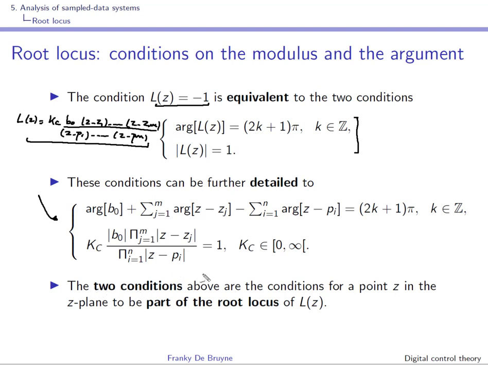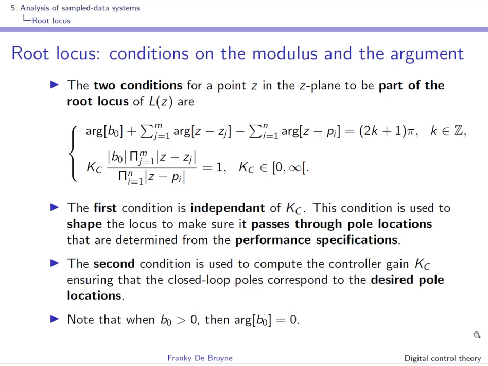These two conditions are the conditions for a point Z in the Z plane to be part of the root locus of L(Z). As you can see, the first condition is independent of Kc. So this condition is used to shape the locus in order to make sure that this locus passes through pole locations that are determined from the performance specifications.